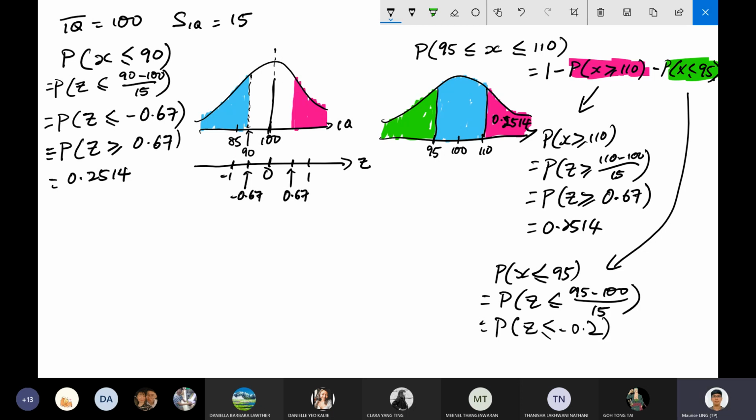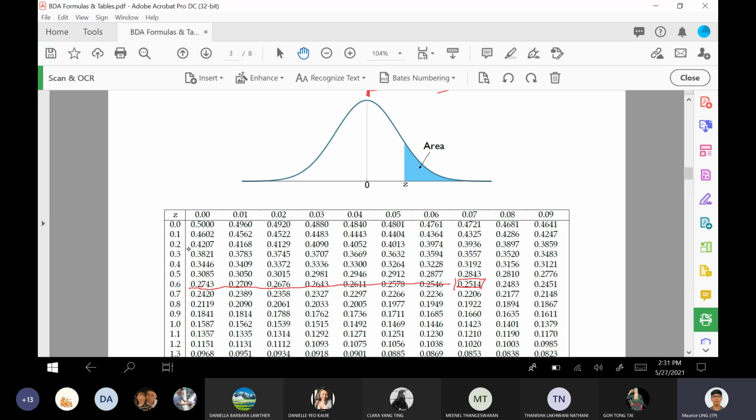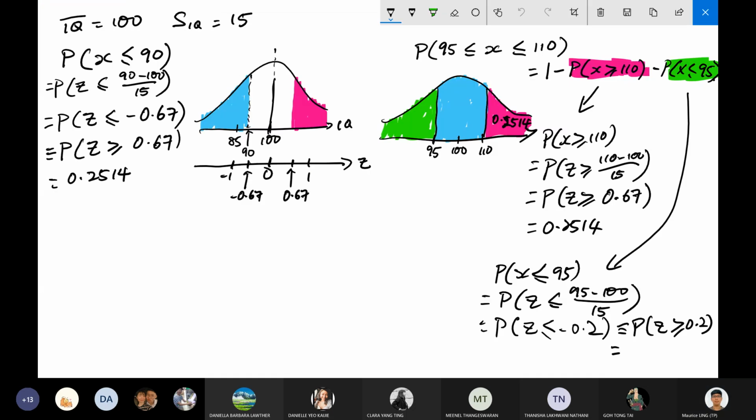Let's look in the table. This is equivalent to z more than 0.33. So 0.33, 0.30, 31, 32, 33.